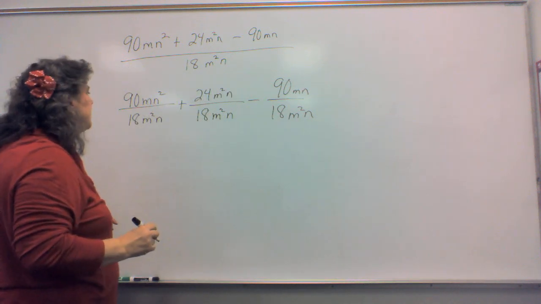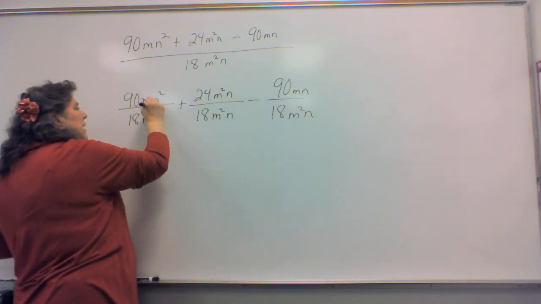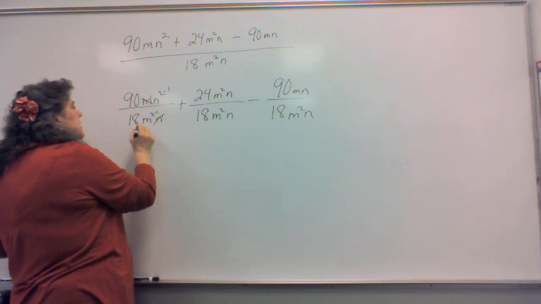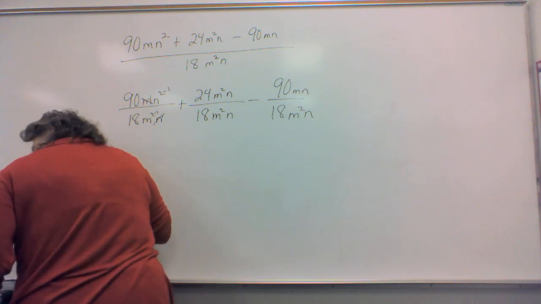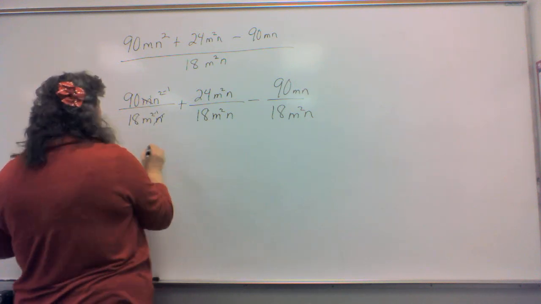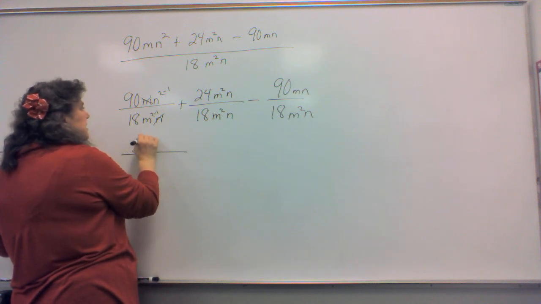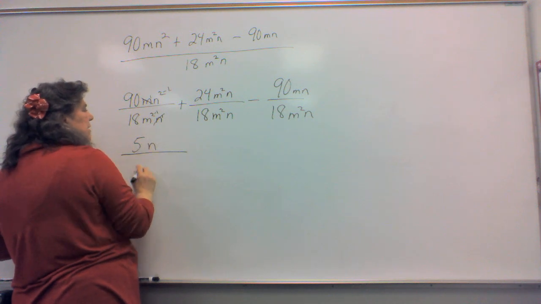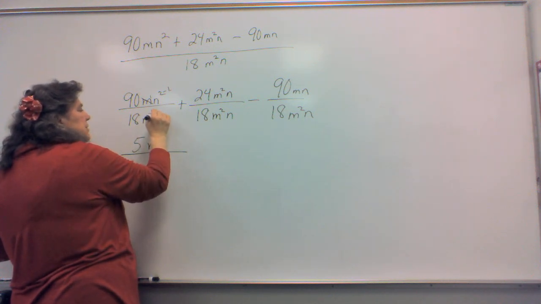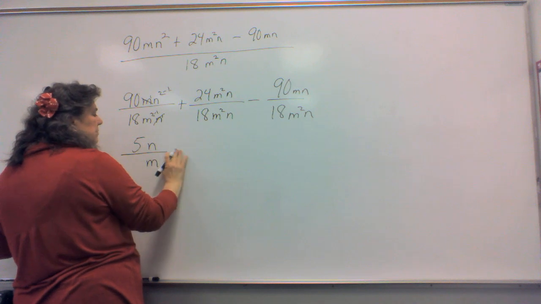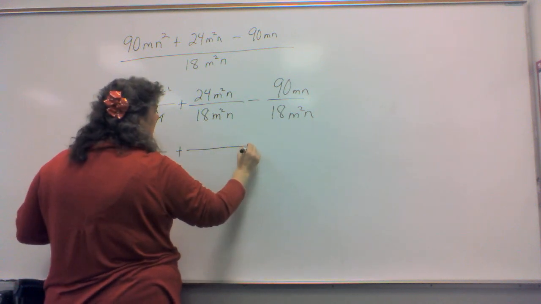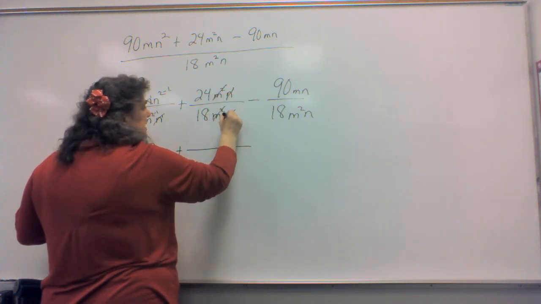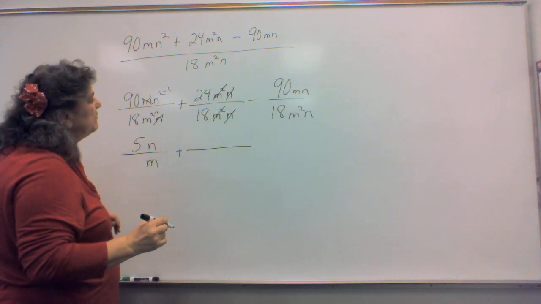Okay, starting with our first one. Well, m is to the first, so 2 minus 1 there. So 90 divided by 18 is 5. So that's 5 on the top. m is gone, but n to the 2 minus 1 leaves you n on top. And m to the 2 minus 1 leaves you an m on the bottom. Plus. Well, m squared cancels m squared, n cancels n. And now all I have to do is simplify that fraction.